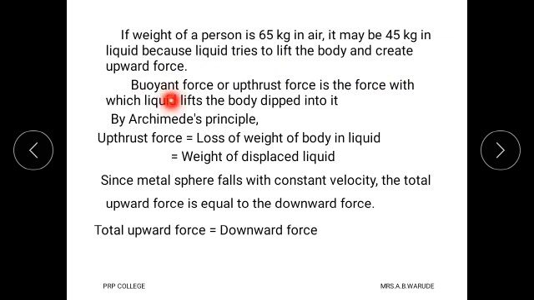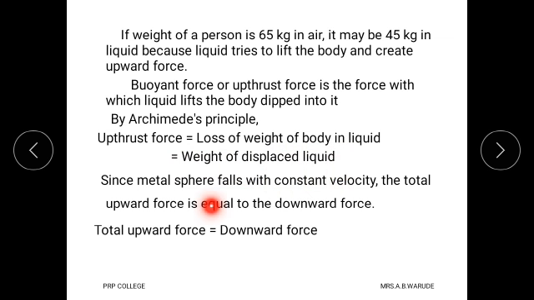That force is called the buoyant force, or upthrust force, and it is the force with which the liquid lifts the body immersed in it. That means it opposes the body, and therefore by Archimedes principle we write: upthrust force equals the loss of weight of the body in liquid, and according to Archimedes principle, the loss of weight of the object equals the weight of the displaced liquid.